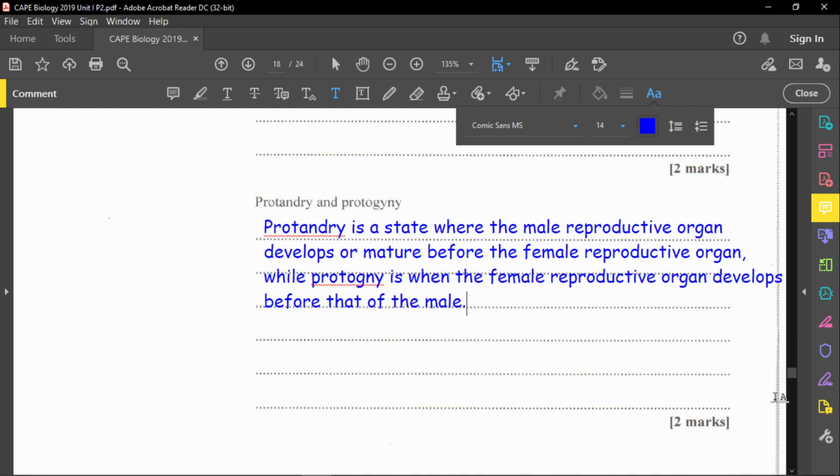All right, so that's the difference between protandry and protogyny.